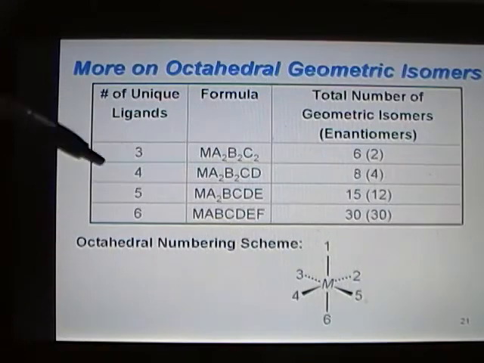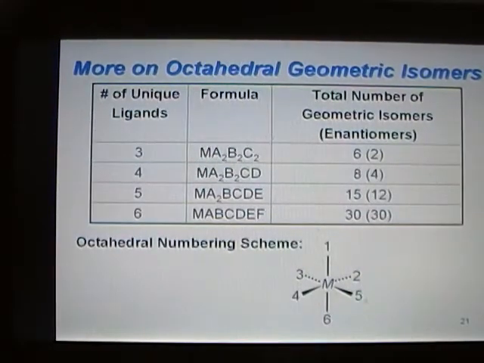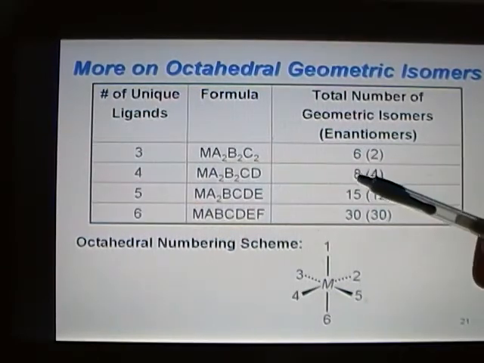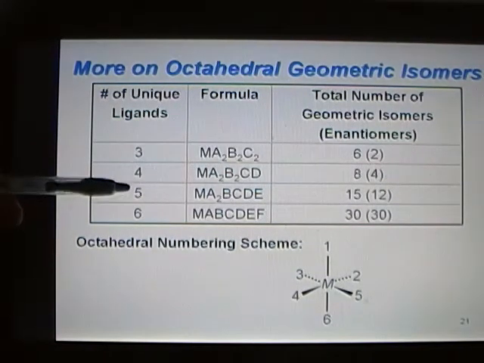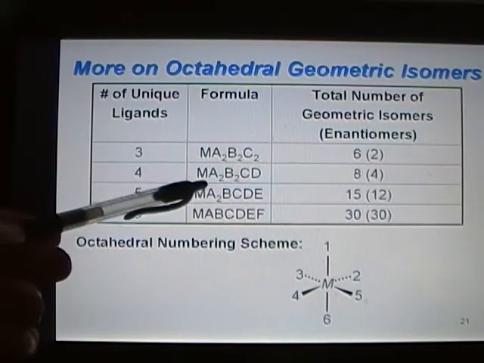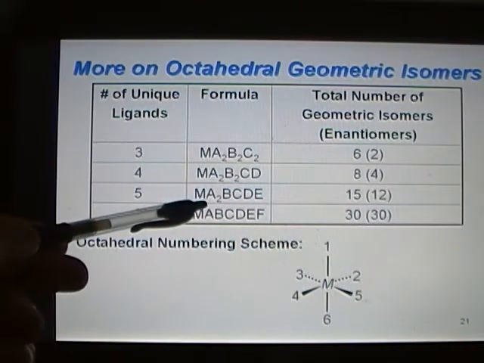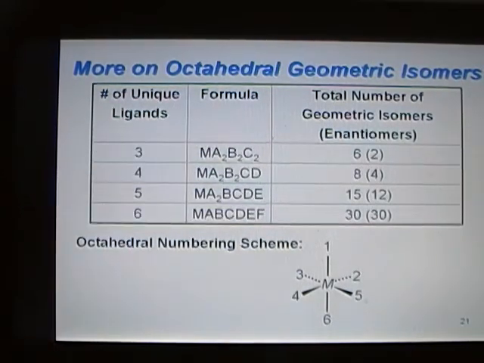If you have 4 different ligands, such as Ma2B2CD, you should have 8 geometric isomers, and 4 of those should be enantiomers. If you have 5 unique ligands, that gives you a generic formula of Ma2BCDE.